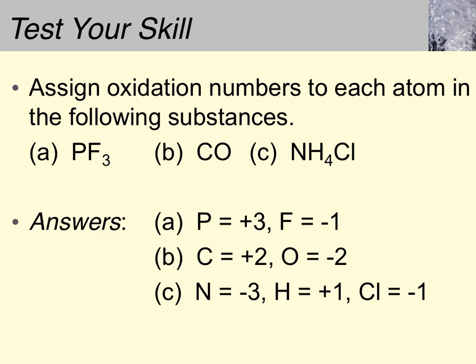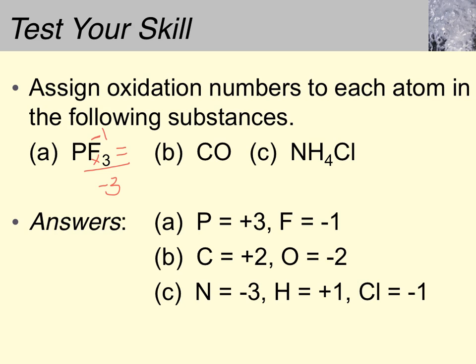All right, so if you remember the rules, one of them said that fluorine always, 100% of the time, has an oxidation number of -1. There are 3 fluorines, so altogether, fluorine contributes an oxidation state of -3.